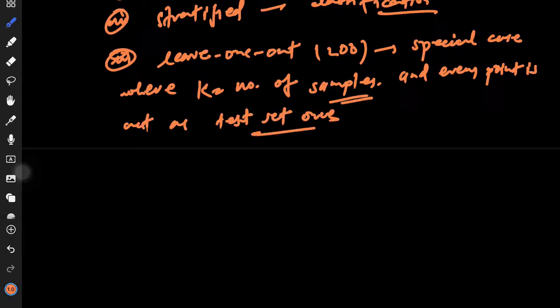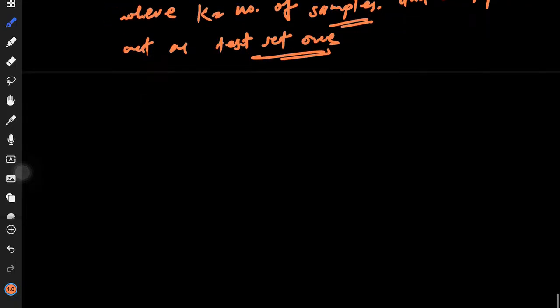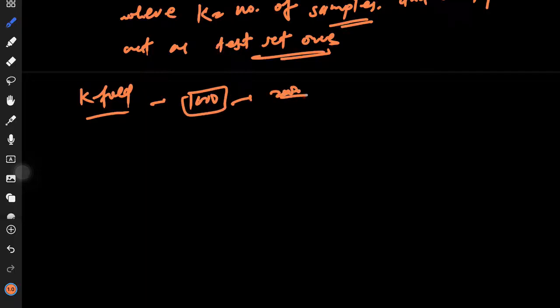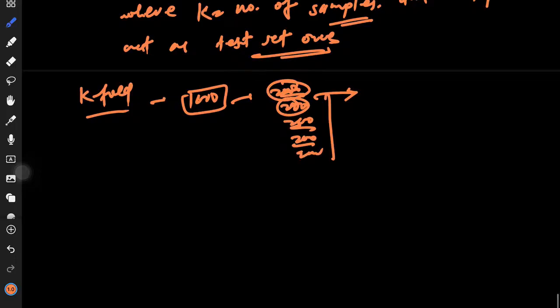So what do we do in k-fold? In k-fold we have 1000 data, then we divide into 5 sets of 200 each, and on four of them we train our model and test on the remaining one.